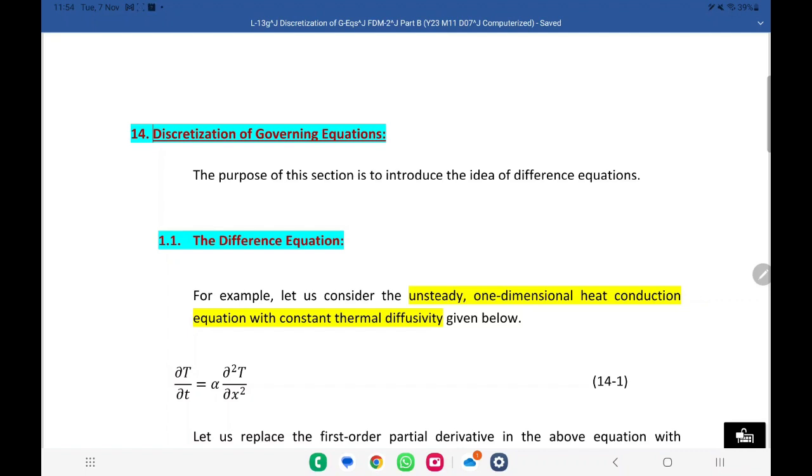Then we came to the turbulent flow, where we found that we cannot solve those equations, because if we want to capture the turbulent flow, the grid size has to be too small. So we devised a technique which is called RANS, Reynolds Averaged Navier-Stokes equation. But when we do that, we find that there are 12 variables which are introduced, which depend upon the fluctuation which is happening in the flow.